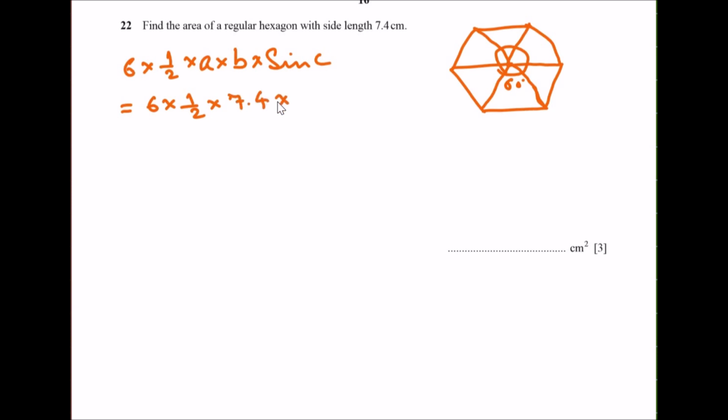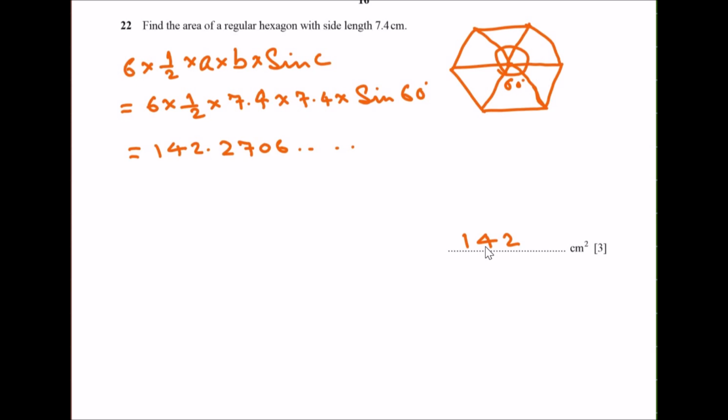So A and B both values are 7.4 because this is an equilateral triangle. So 7.4 into sine of 60 degree. If you calculate using a calculator, this gives us 142.2706 and so on. So our answer to 3 significant figures is 142 centimeter square.